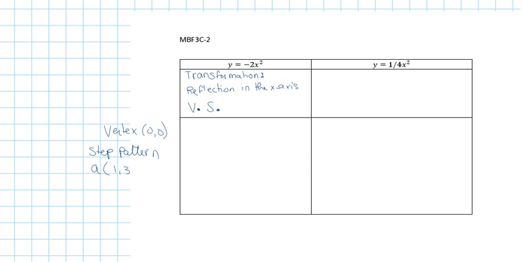What's my A value? So it's going to be negative 2 times 1, 3, 5. And that's going to be negative 2, negative 6, negative 10. Okay? So my step pattern is negative 2, negative 6, negative 10.